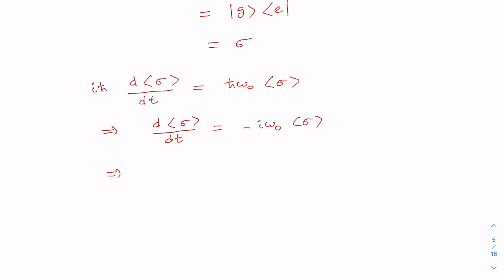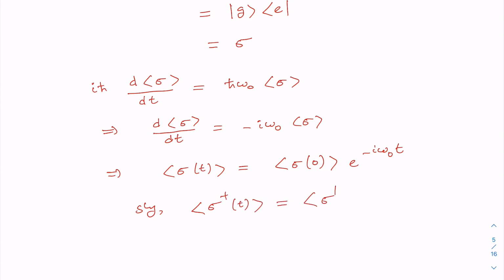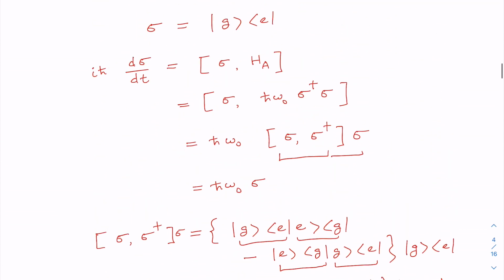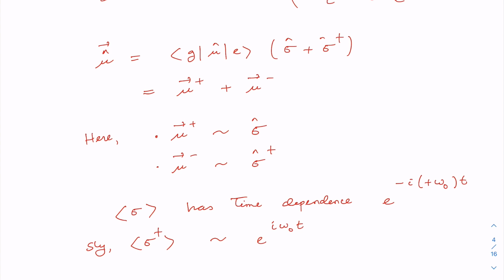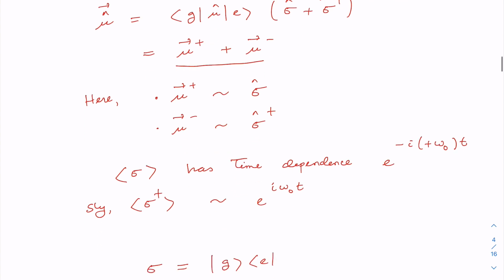If you solve it trivially, you will get the time evolution of this atomic lowering operator as sigma 0 e to the power minus i omega 0 t. Similarly, you can show that sigma dagger t is equal to sigma dagger 0 e to the power plus i omega 0 t, and that's the reason we can decompose the atomic dipole moment operator into two parts like this.